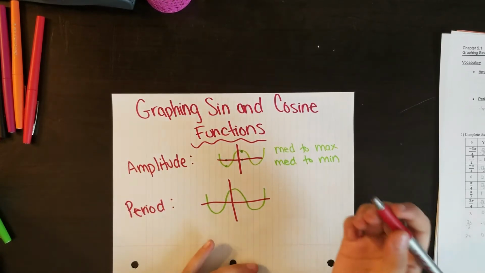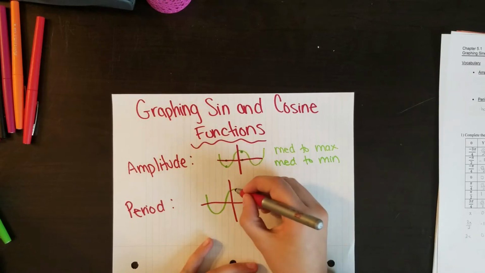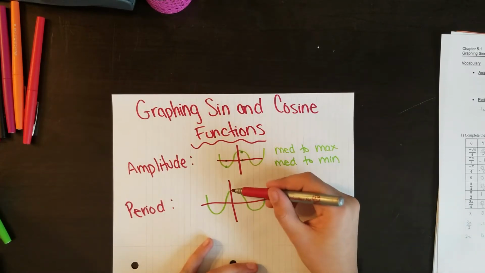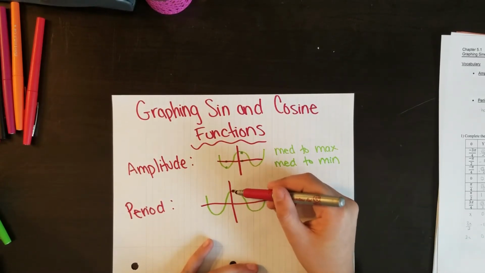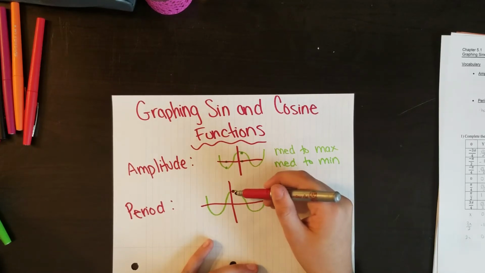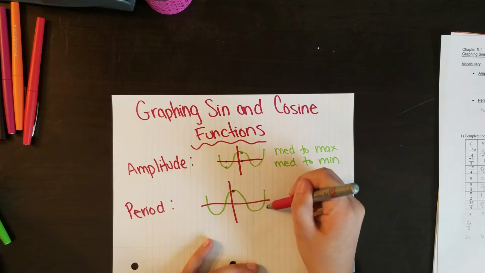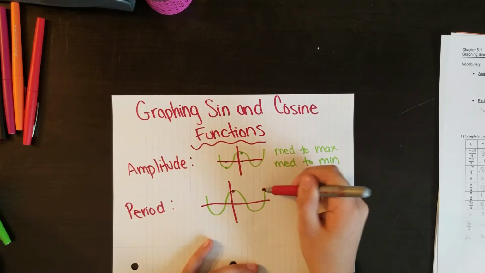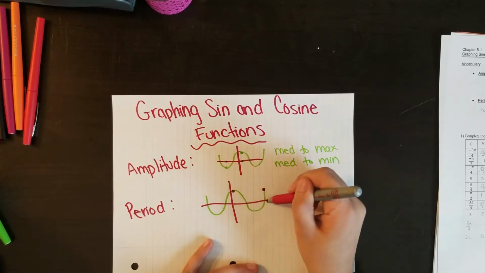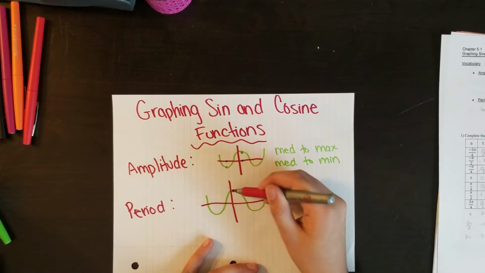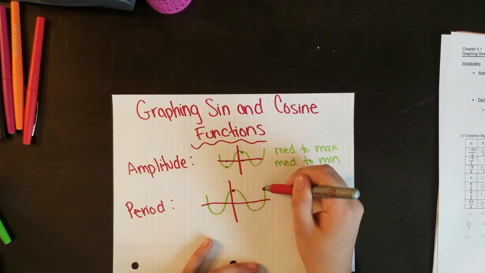So let's say I pick right here. This is a max point. So I have to pick another point on my graph where it hits a max, so the next max point. So in this case, it's going to be right over here. So that's one full period. It's the horizontal distance from one max to another max.